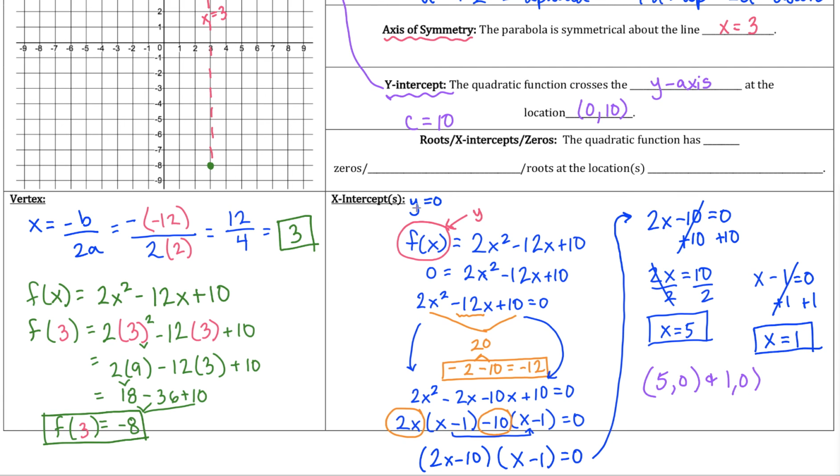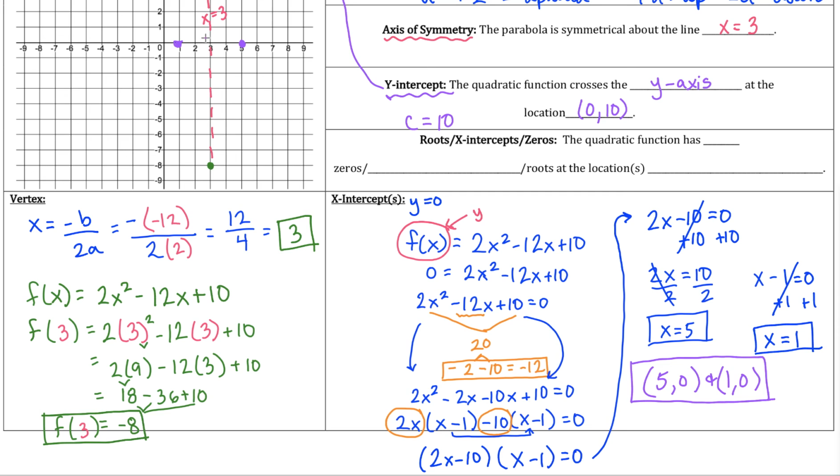Because remember, the y was 0. We made this y 0. We moved it over here, but the y is 0. So I'm going to go to 5, 0, and 1, 0.